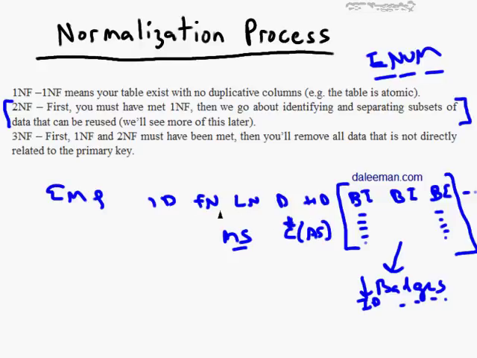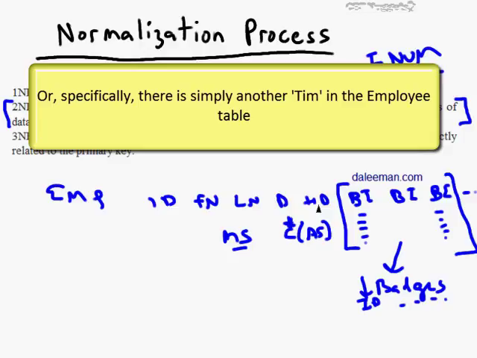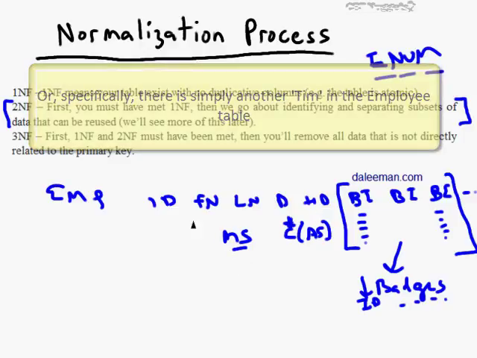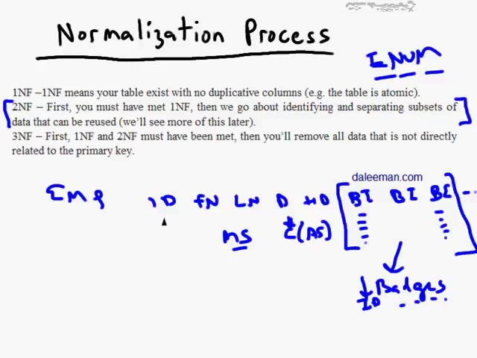I mean, possibly there could be another Tim Warner in the IT department with my hire date, with my monthly salary. It's unlikely, but it's possible, right? But it's impossible, because of the primary key constraint, that there's another employee ID 1. So third normal form ensures that every column is dependent upon the primary key for its uniqueness. And if you have a column that's not dependent upon the primary key, you should get rid of that column.